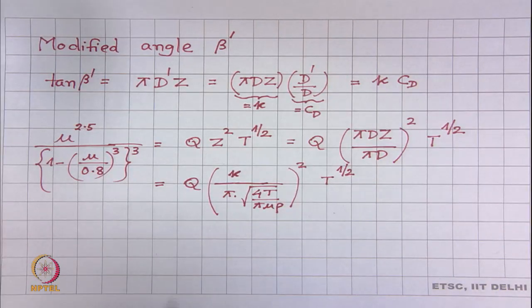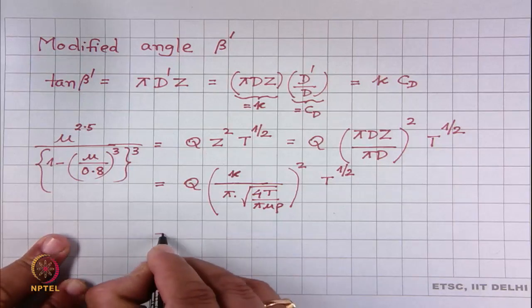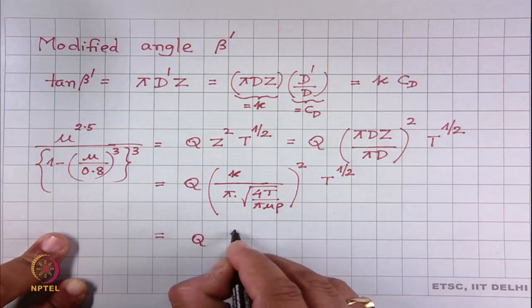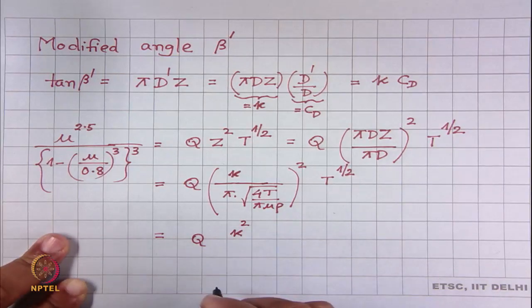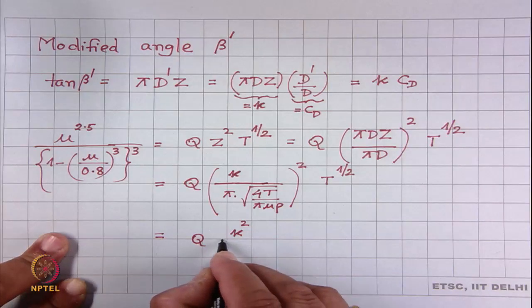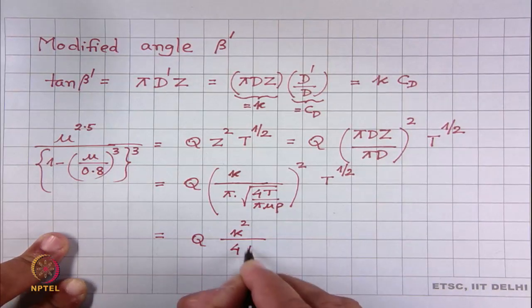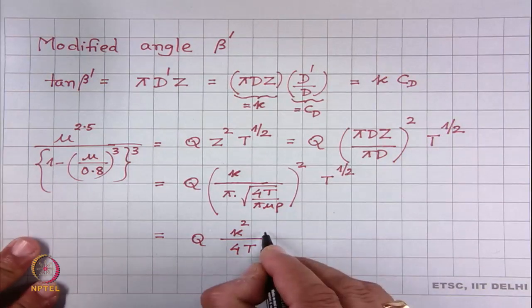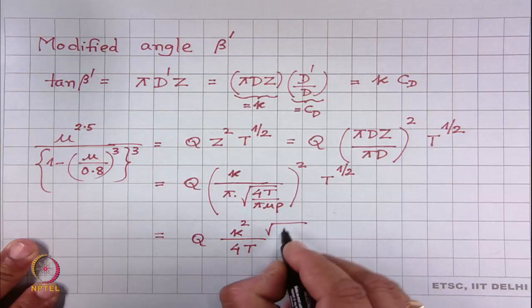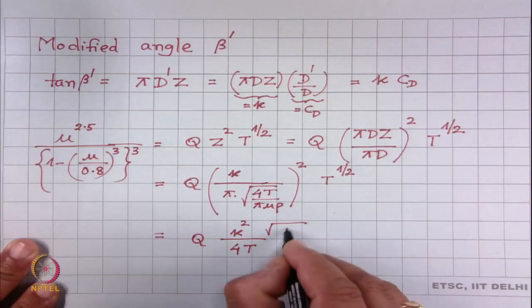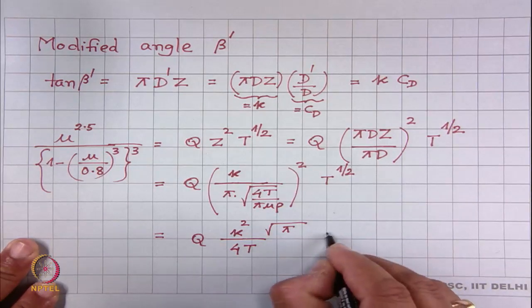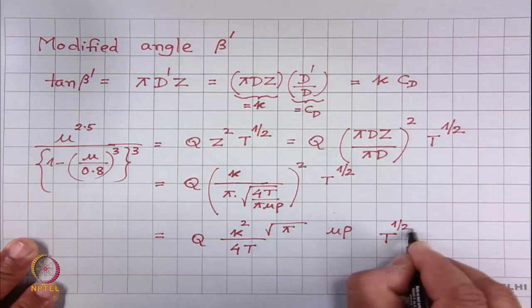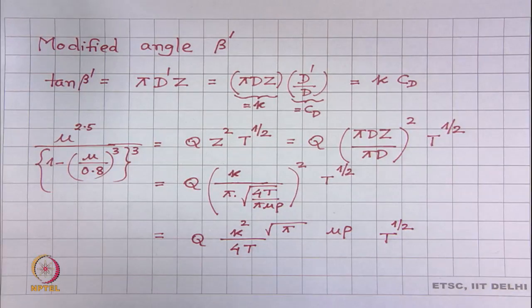Okay. Now, so Q, kappa square, 4T will come here and this will go into mu into rho into T to the power half, right.